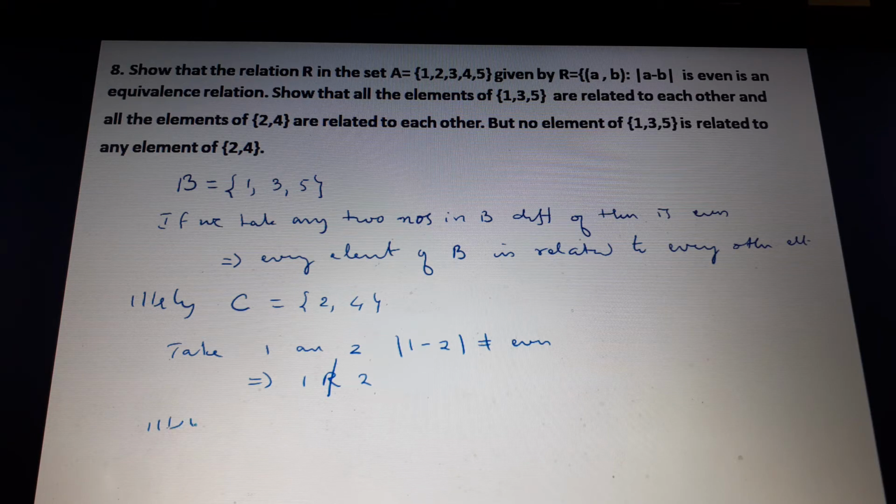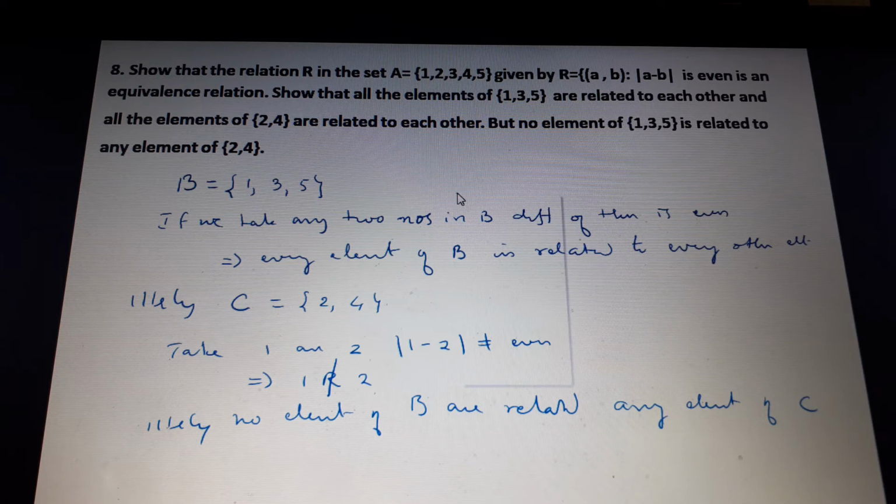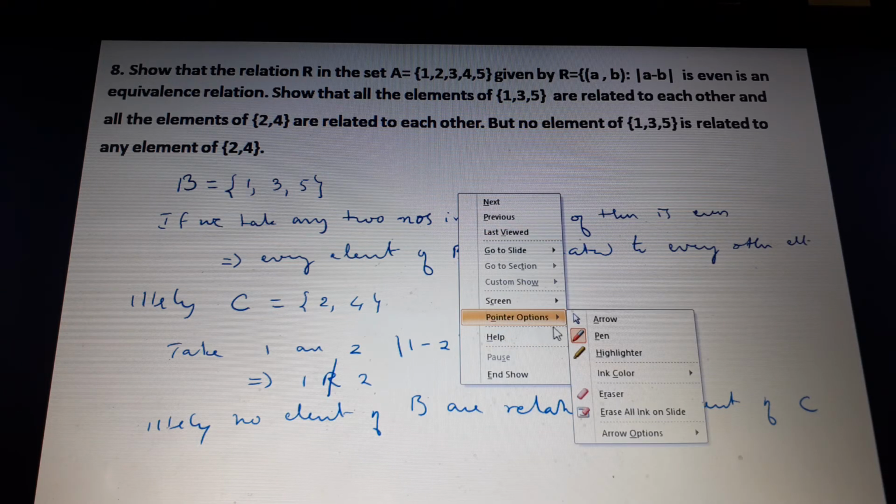No element of B is related to any element of C, because you know that the difference of an odd number and an even number cannot be even. So that is the reason. So this completes all the questions given in the example. Now let us take the next one.